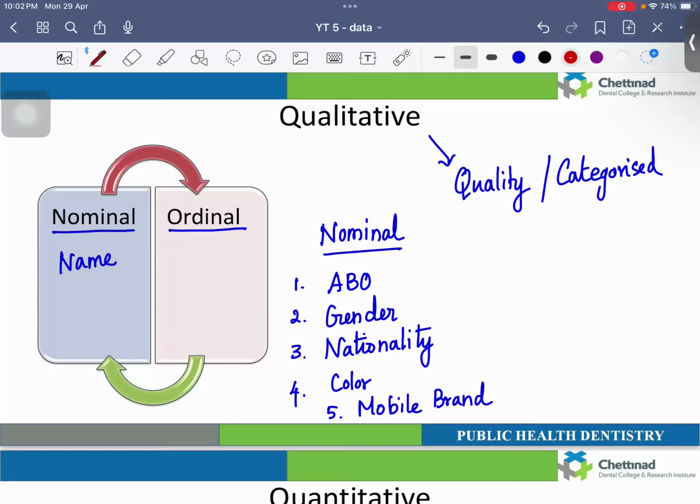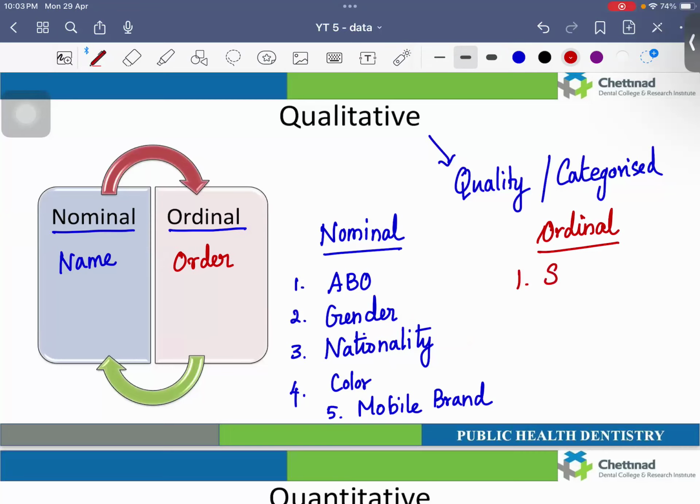Whereas in ordinal data, there is an inherent order in it. That is why it is called ordinal. Ord means order. Ordinal data has an inherent order in it.